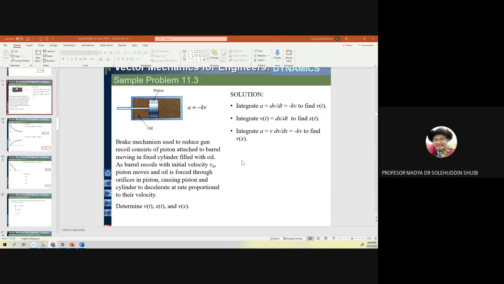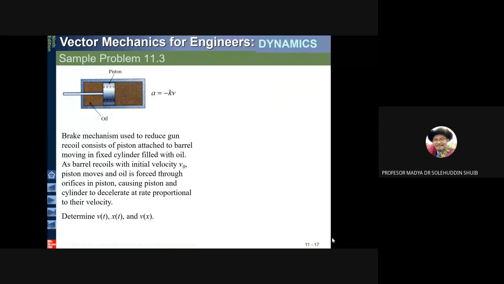First thing, we cover the topic of the example of 11.3, and we'll go through this example.